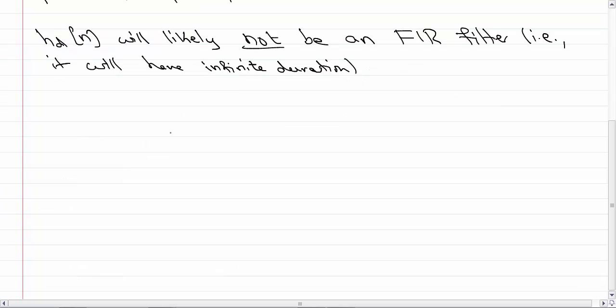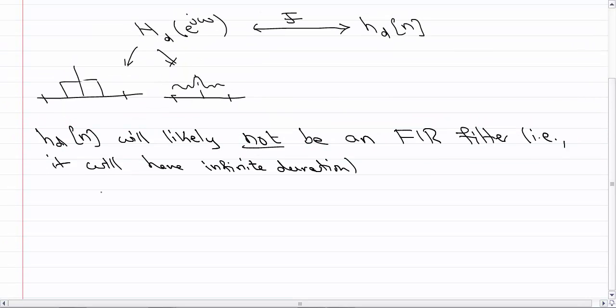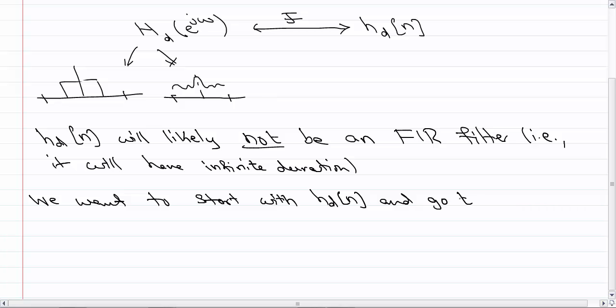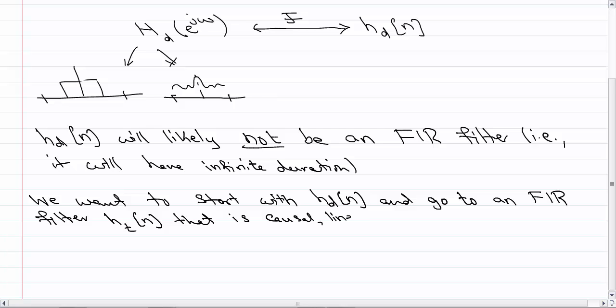Now our goal is that we want to start with this desired impulse response h_D of n and go to an FIR filter, let's call it h_T of n, that is causal, and we'll make it linear phase and real valued.